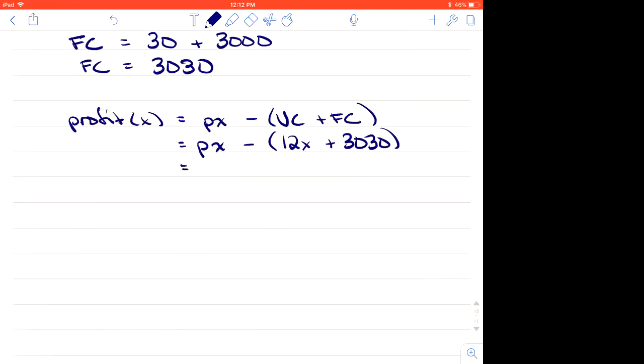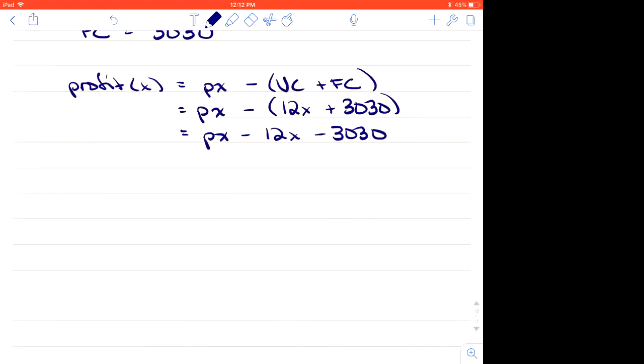So expanding out the brackets, we get PX minus 12X minus 3030. Collecting our like terms of X, I like to put it X times P minus 12, minus 3030.